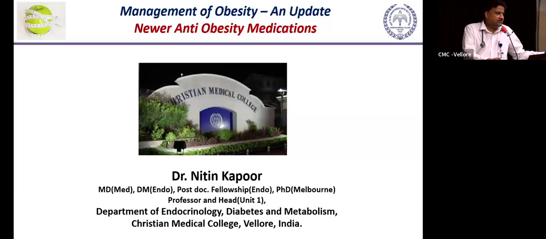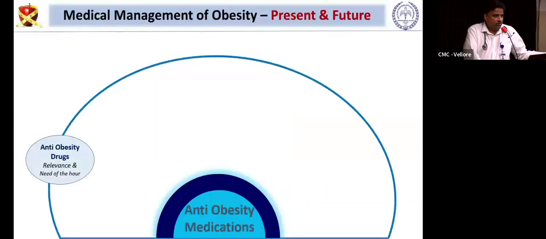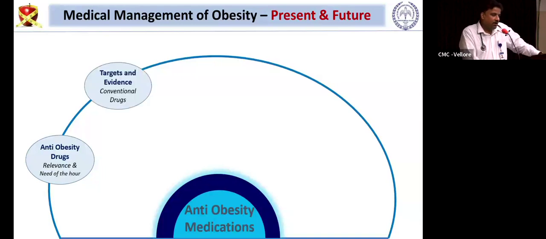I thought I'll cover the entire topic in 5 brief domains. First of all, the relevance and the current day need of all these newer anti-obesity medicines that we are getting into the market. What are the pharmacotherapeutic management strategies, the targets, or the mechanism of actions of the conventional drugs which are already available.